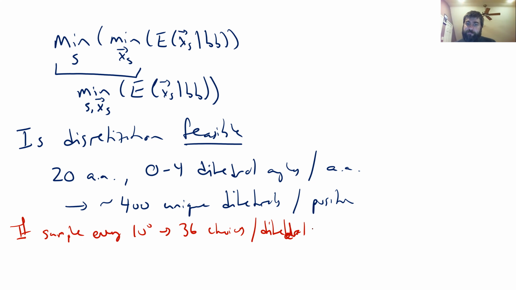Per dihedral, which would lead to a search space of 400 choices times 36 choices per dihedral, raised to the power of n, where n is the size of the system.